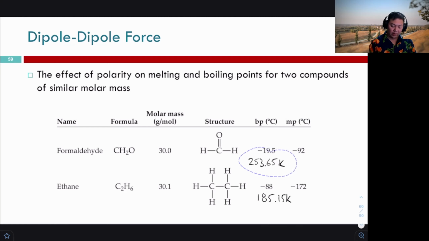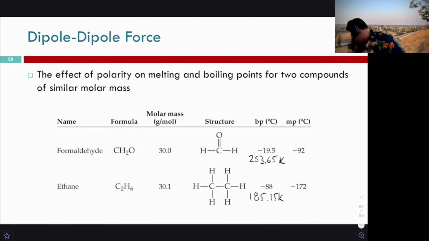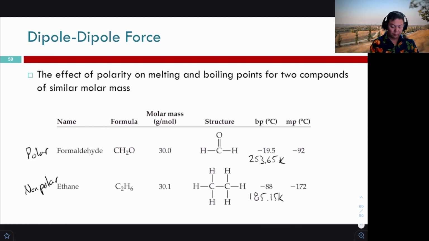So the boiling point of formaldehyde, which is polar, and ethane is nonpolar, is much higher than that of ethane. So formaldehyde boils at 253.65 Kelvin, whereas ethane is only 185 Kelvin. So that polarity is adding extra strength to the intermolecular forces, requiring a higher boiling point. And the melting point is also higher than that of ethane.